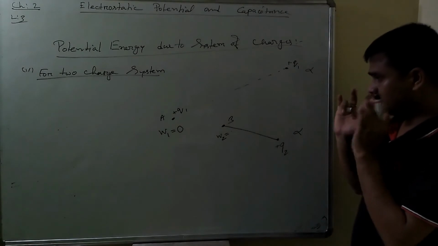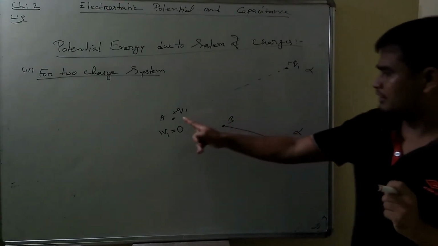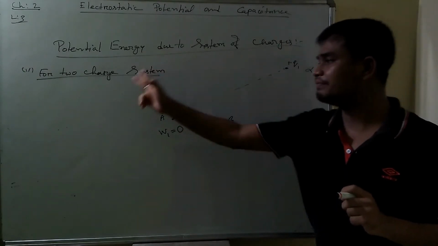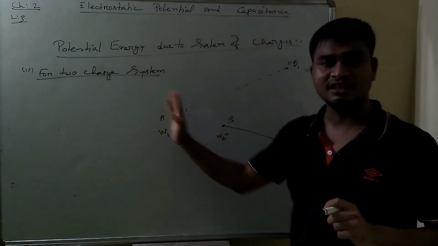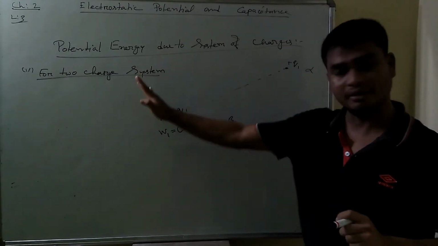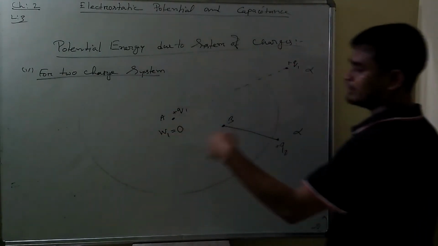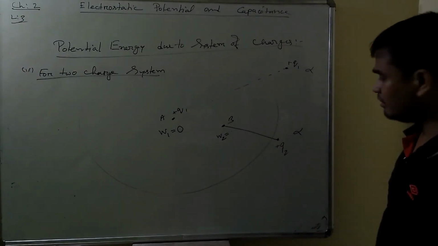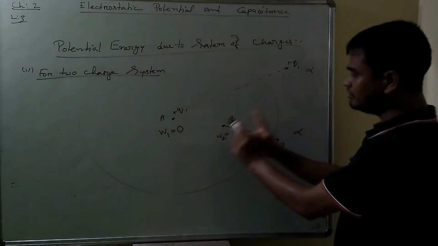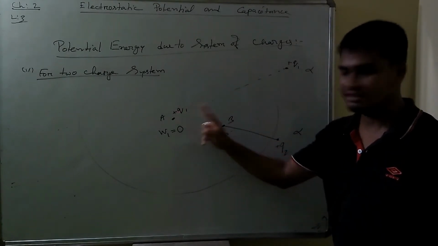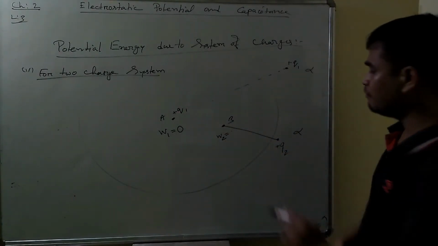Now this charge Q1 is here. Therefore, it creates a field around the charge Q1. There is a field by Q1 around Q1. Clear? If we bring this charge from infinity to this point, that is inside this field of this Q1 charge, then we have to apply force.